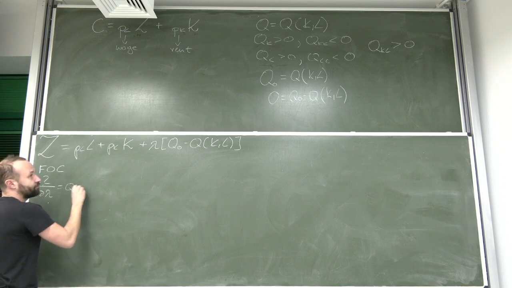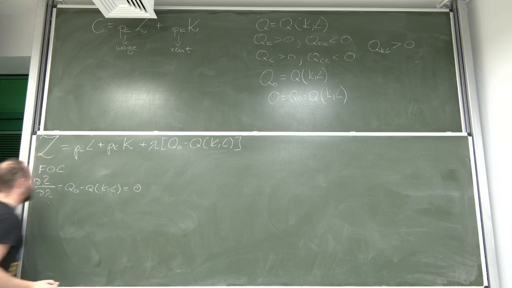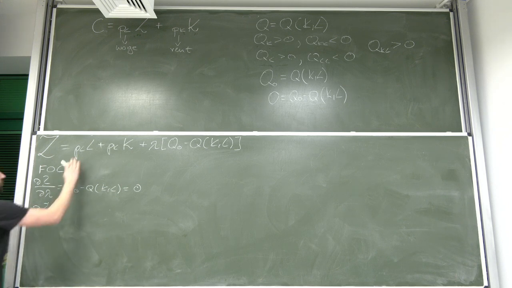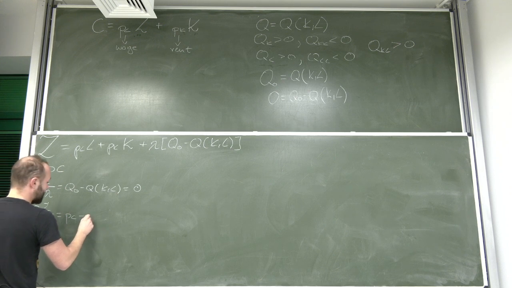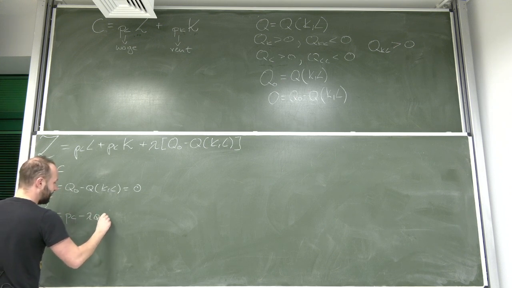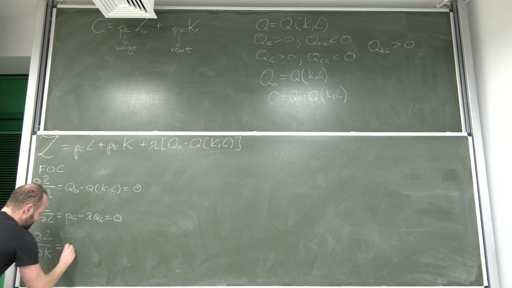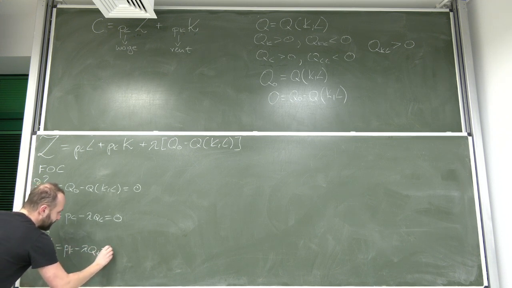So we get the repetition of the constraint, and then out of the two next equations we get PL minus lambda QL equal to 0, and out of this we get that PK minus lambda QK equal to 0.